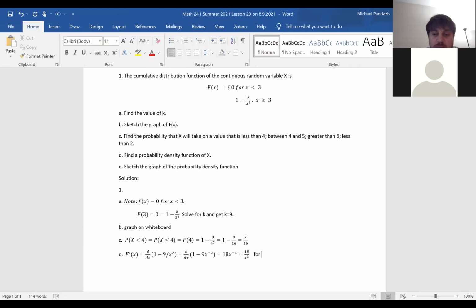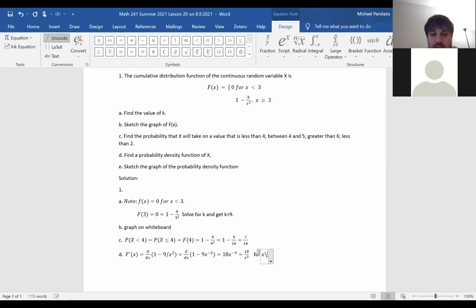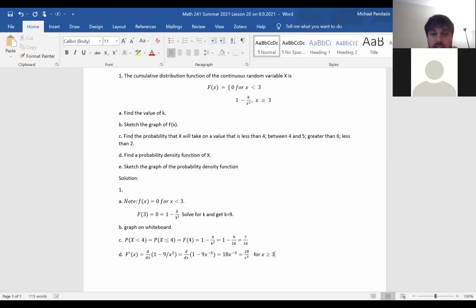For x greater or equal to 3, and then 0 elsewhere.